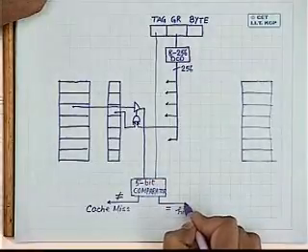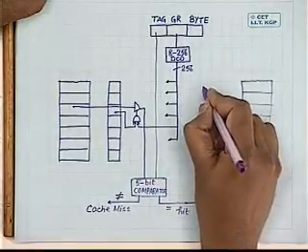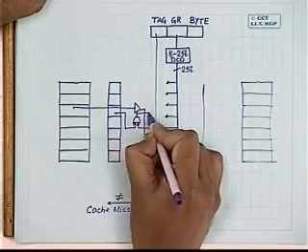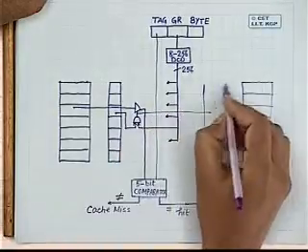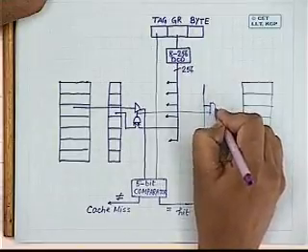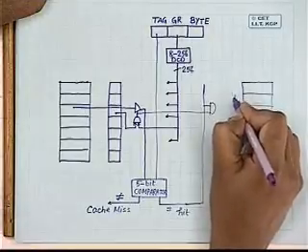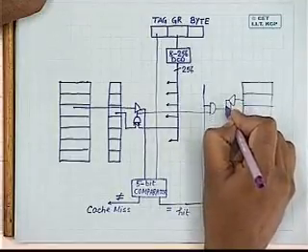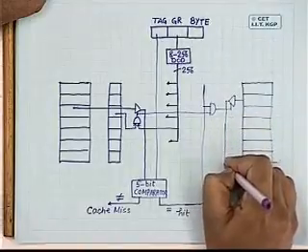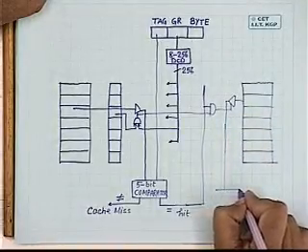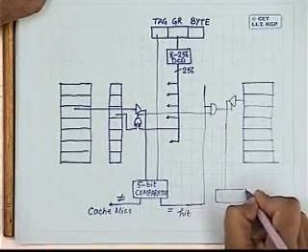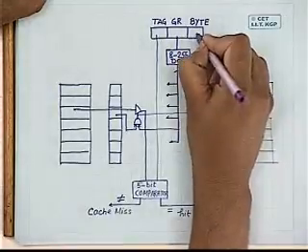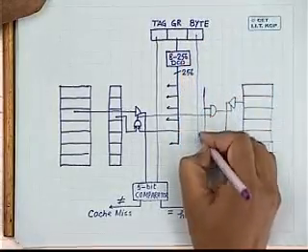So in case of cache hit, and this output is 1, then this data comes to a selector, or a selector is nothing but a multiplexer, and one of the inputs of the multiplexer is selected by this byte field.